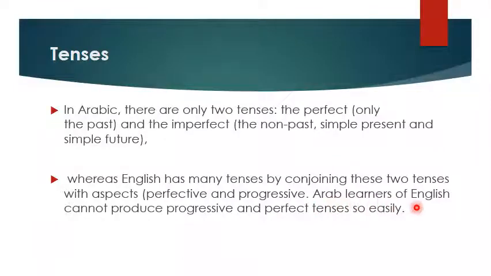However, Arab learners of English cannot produce progressive and perfect tenses so easily. I mean, there is no equivalent to studying, for example. They will say أنا أذاكر, which is equivalent to just the present simple. Okay, هو يذاكر, أنا أذاكر.